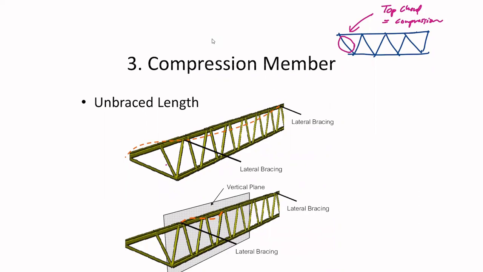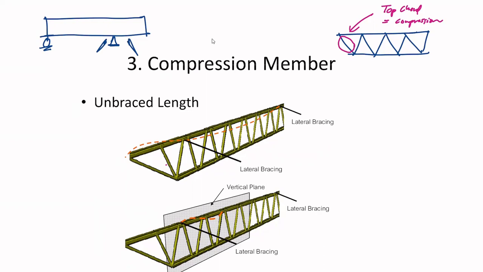So you may say that the top chord is always under compression, but you can have something different like this, which you're going to have in the project. You can have something like this, and the support is here, so that the bottom chord can become compression. Be careful, right?